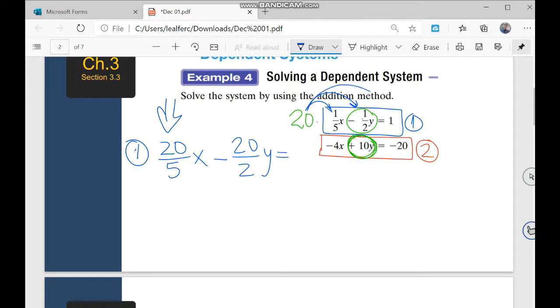And 20 multiplied by 1 is 20. We can simplify. 20 divided by 5 is 4x. 20 divided by 2 is 10. And 20 times 1 is 20.